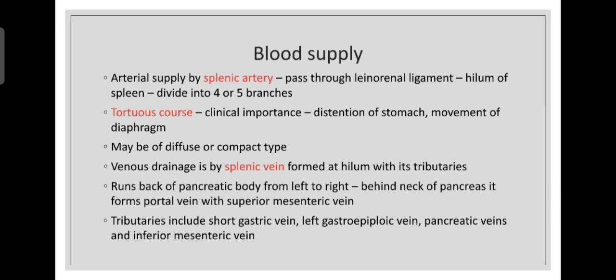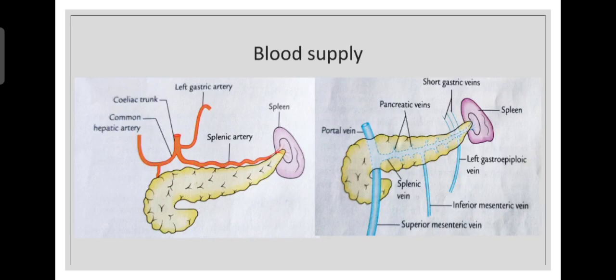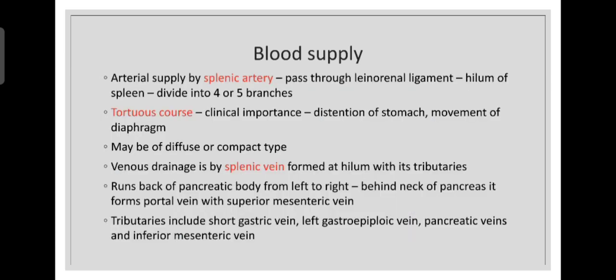The compact type is when the terminal branches arise close to the hilum. See here, when the branches arise here and only the branches enter the spleen, this is called the diffuse type. In the compact type, the branches do not emerge until here and then emerge and go into the spleen. This is a small type of classification.